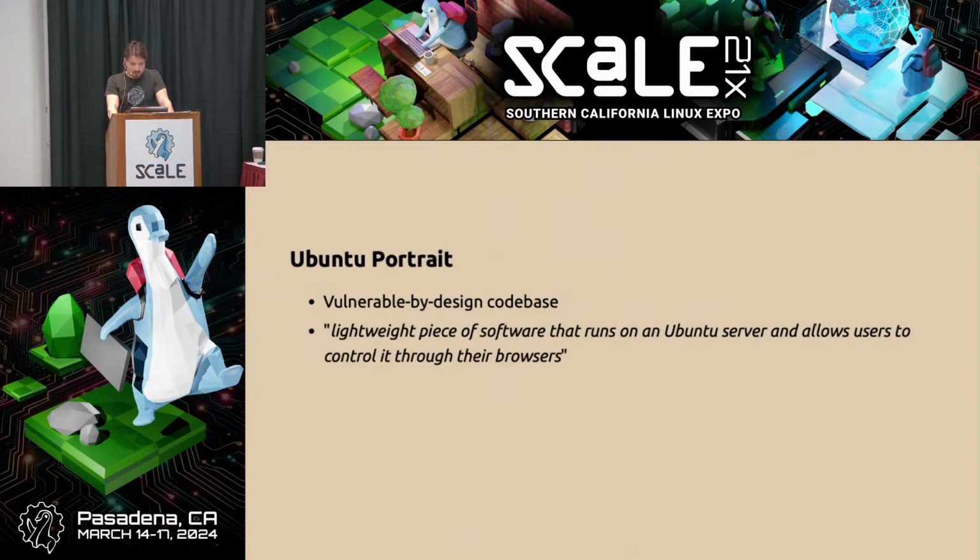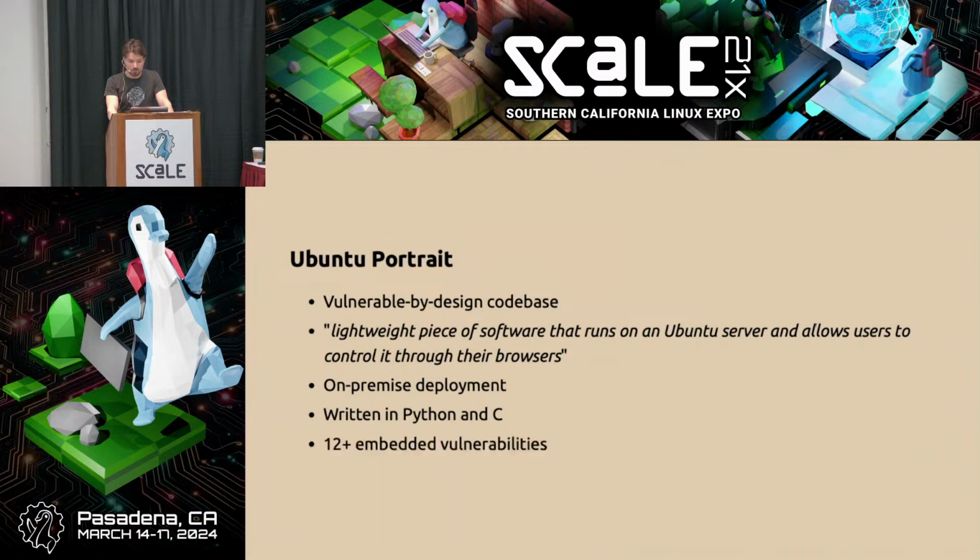Basically, it's a lightweight piece of software that runs on an Ubuntu server and allows users to control it through their browsers. I wrote this from scratch. It contains a lot of vulnerabilities, and we will look at multiple techniques in which we can detect vulnerabilities in the code base. It should be deployed on premise, and it's written in Python and C. So most of the tools are specialized on these two programming languages.